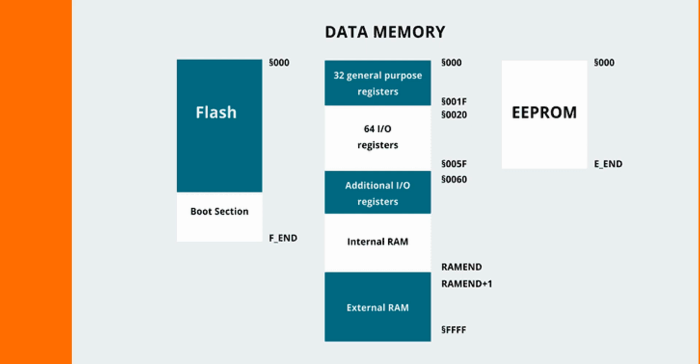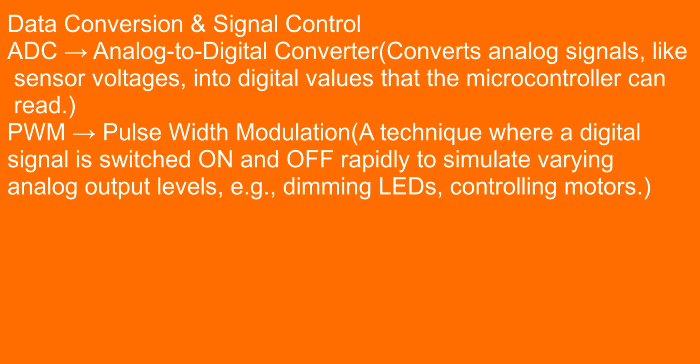Let's go to the data conversion and signal control. ADC in full words is analog to digital converter. These convert analog signals like sensor voltages into digital values that the microcontroller can read.